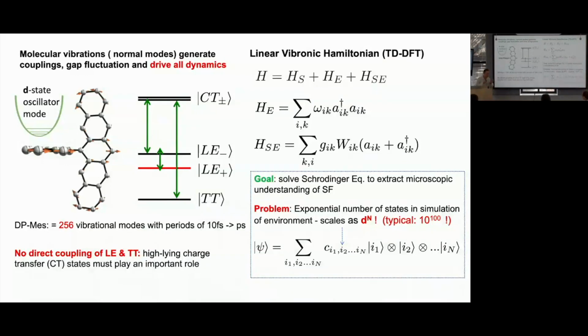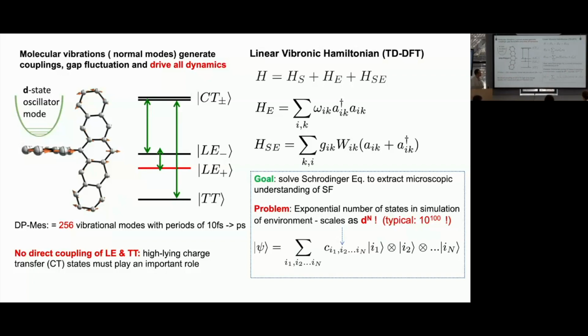But no, absolutely. We're going to use a diabatic basis, but at this geometry these are the adiabatic states as well.